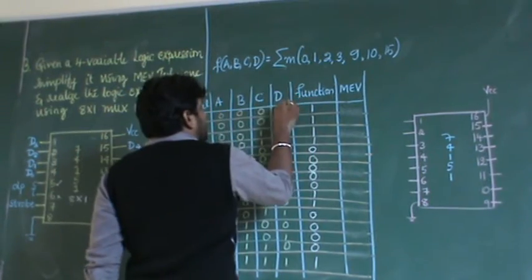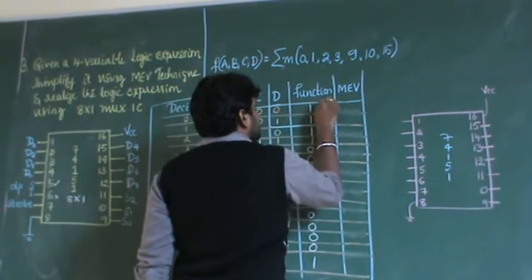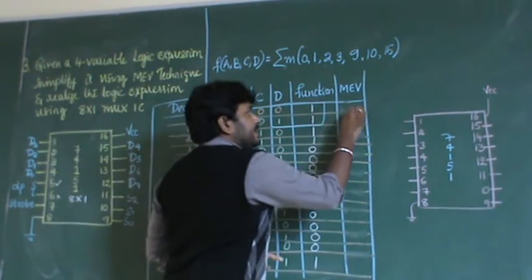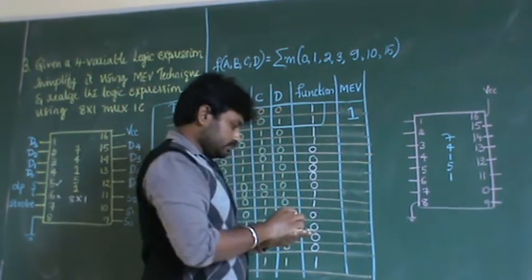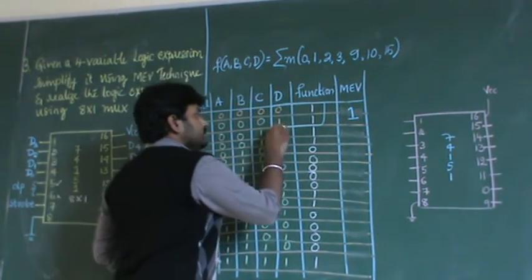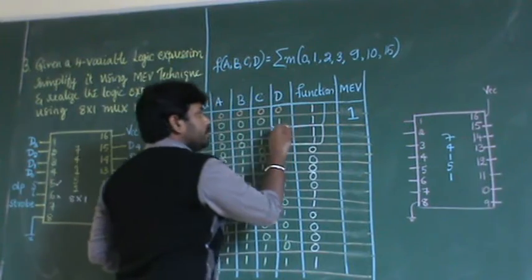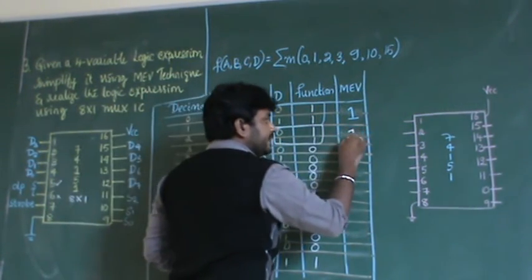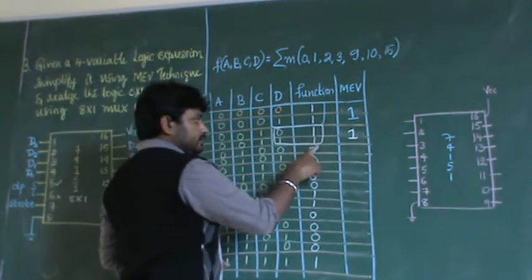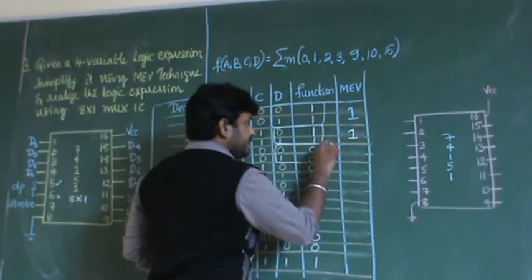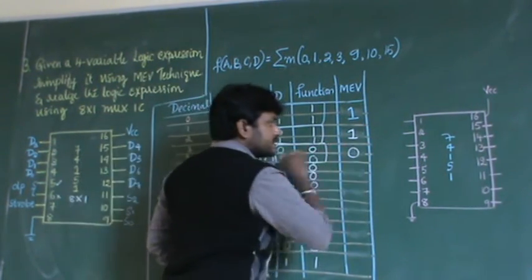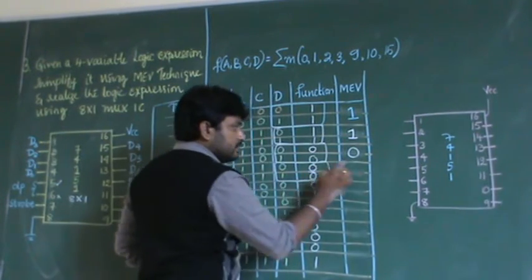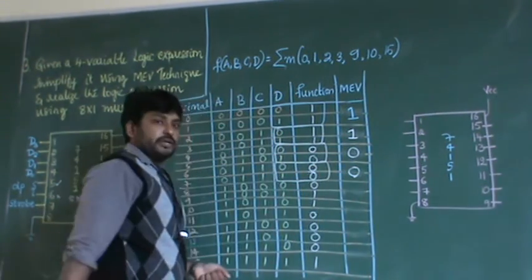You have to map with the D. See here, it is taking double 1, so I can write it as 1 here. Next, for these two combinations, again it is 2 ones, so very blindly you can write it as 1. Next, 2 zeros. For the next two combinations it is double 0, so just write it as 0. For the next two combinations it is 0, so you can write it as 0.